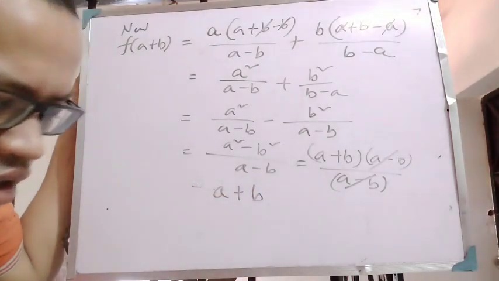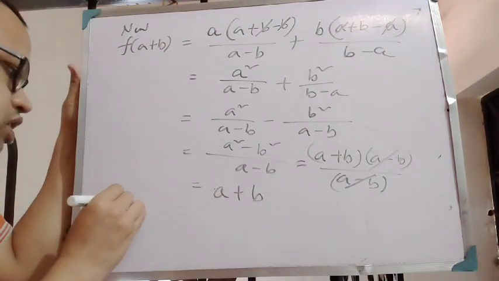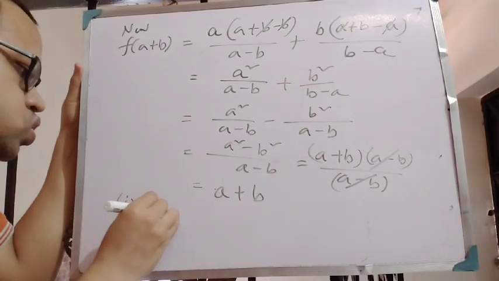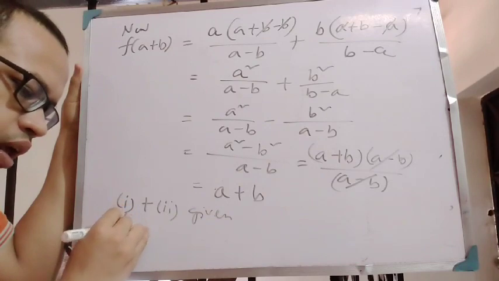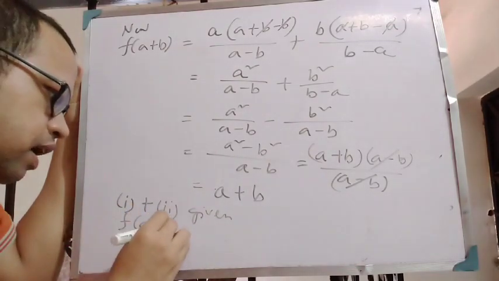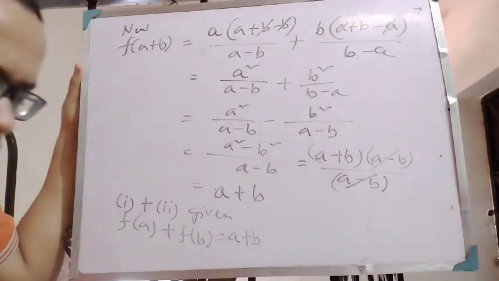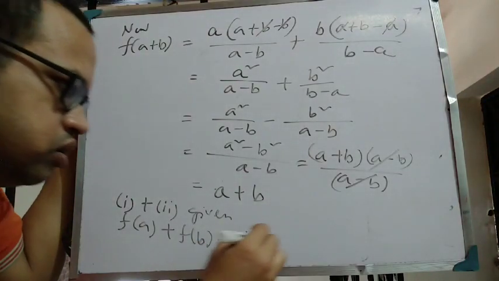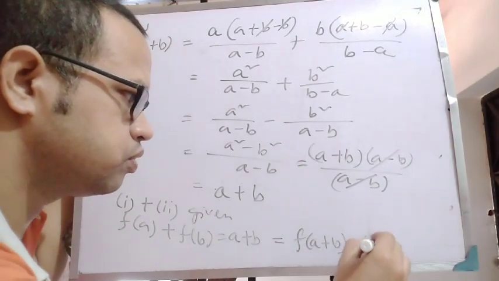You have already proved in the first expression that 1 plus 2 gives f(a) plus f(b) as a plus b, and obviously which equals f(a plus b). Proved.